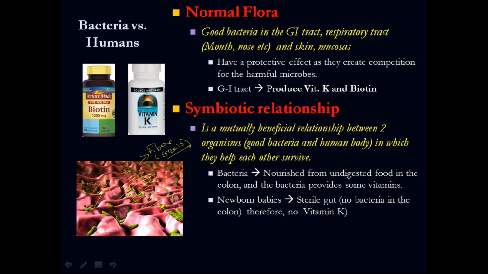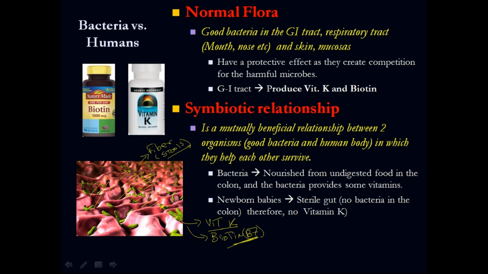All right, in addition to that, the bacteria doing that, they are satisfied and they are going to produce some substance that we call vitamin K and biotin. Biotin is vitamin 7, B7. So this is vitamin B and this is vitamin K. That is an important source of vitamins for us.